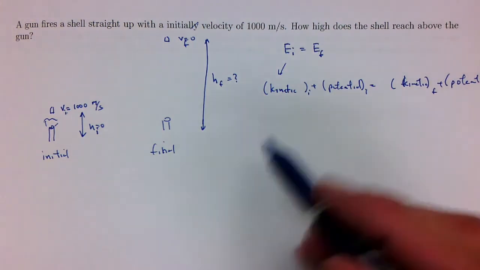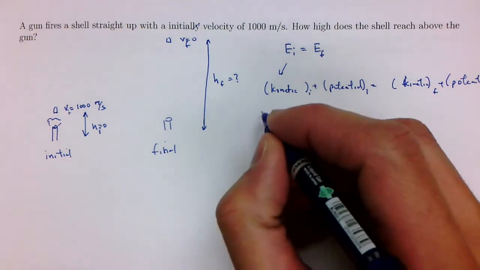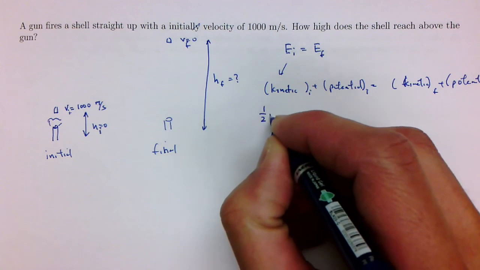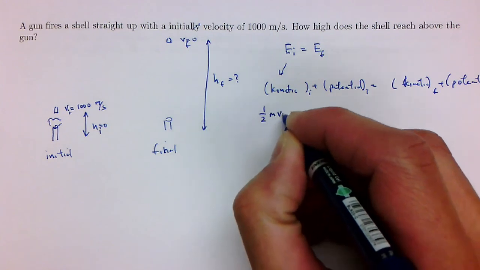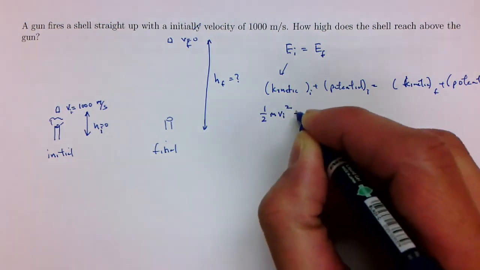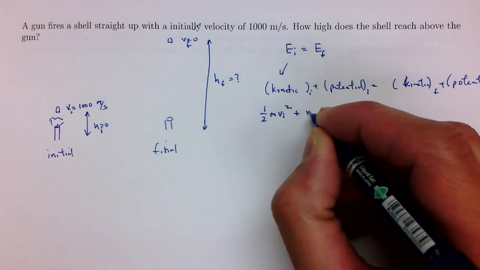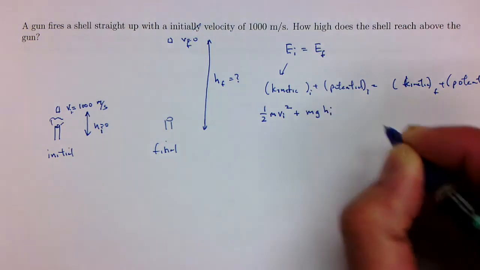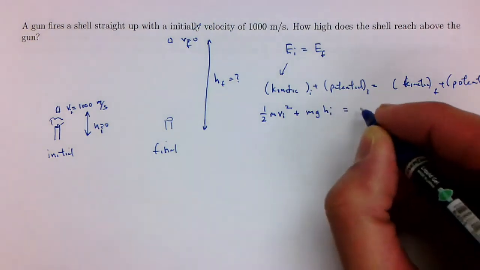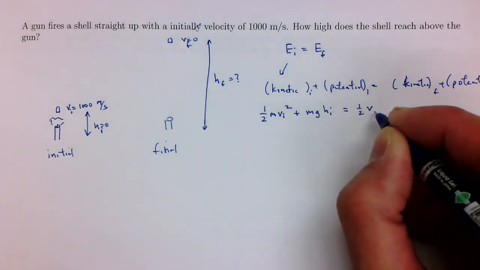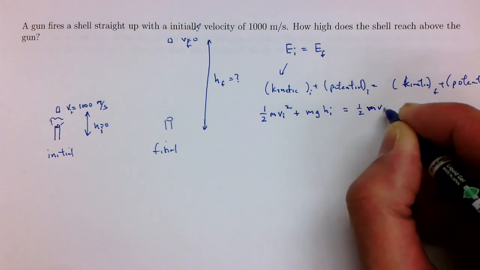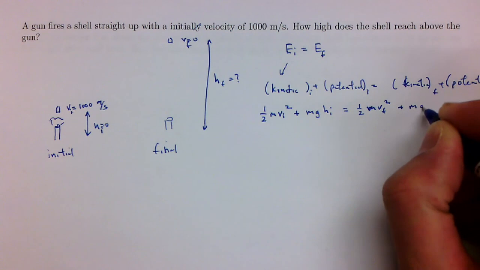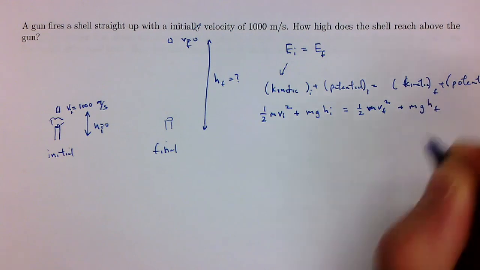Okay, so let's do this carefully. The initial kinetic energy is going to be 1/2 m v initial squared, plus the potential, which is mg h sub i. That's equal to the final energy, which is 1/2 m vf squared plus mg h sub f.